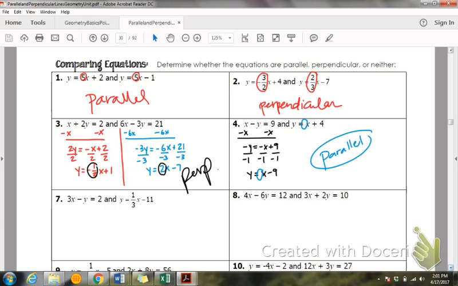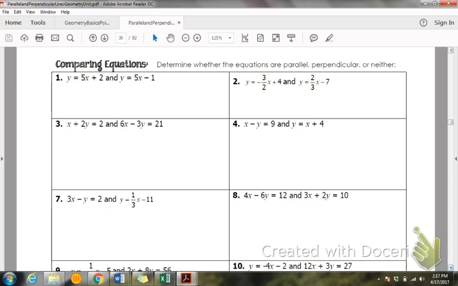Okay, let's go on and do number 7. We see that one of the equations is already in slope-intercept form, and so that slope over here is 1/3. So on the first equation, we'll subtract 3x. Negative y equals negative 3x plus 2.